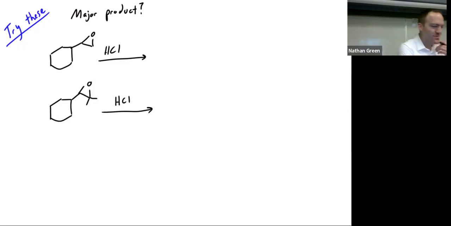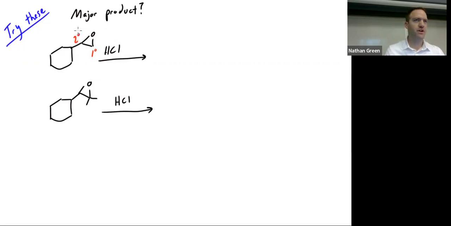Hey, Vika, this top one, what are we thinking? Just talk me through what's in your mind. The carbon on the far right is going to be the OH. Is this carbon primary, secondary, or tertiary? It's primary. How about the carbon on the other side? Secondary.